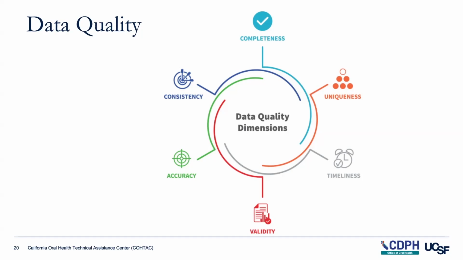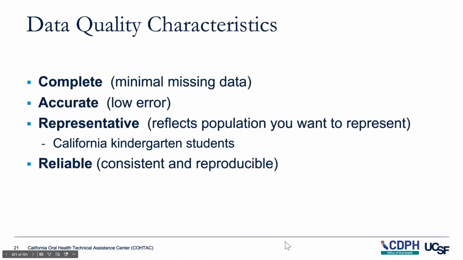And then finally, there's consistency, which is the absence of contradiction when comparing data across different data sets or systems. Next slide. I've kind of distilled it down to these 4 things that I think are the most important to think about. Next slide.